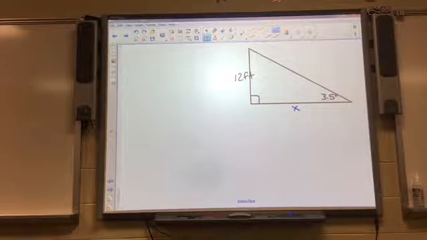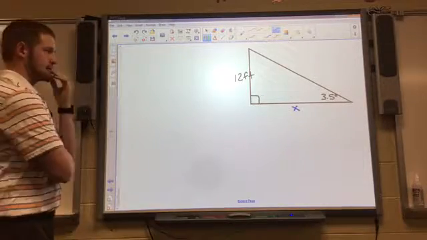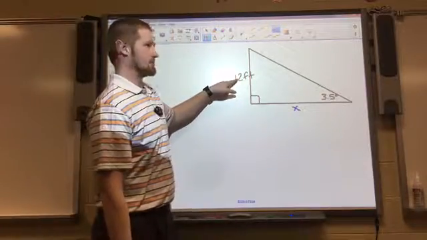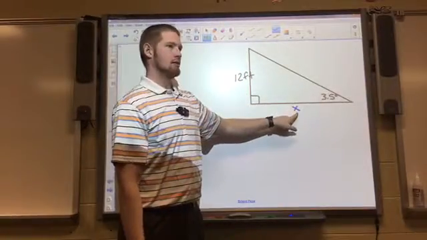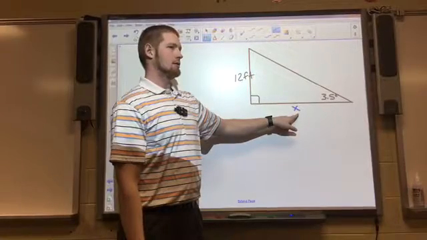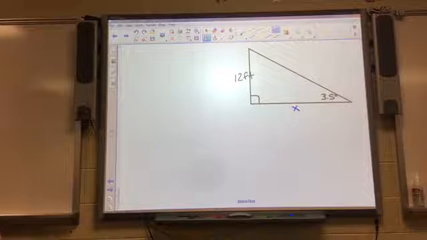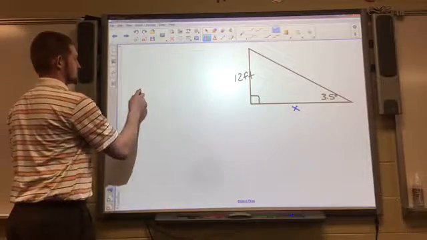From my angle, Lainey, what sides do I know? That's the opposite, and this is the adjacent. Good. So what function uses the opposite and the adjacent? Tangent does.